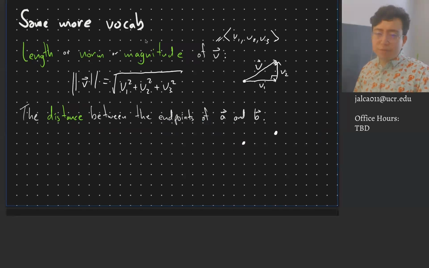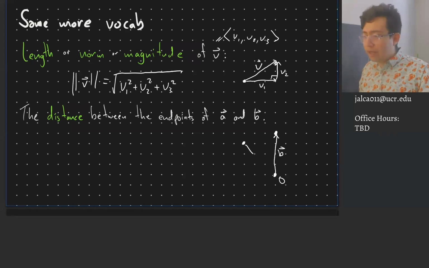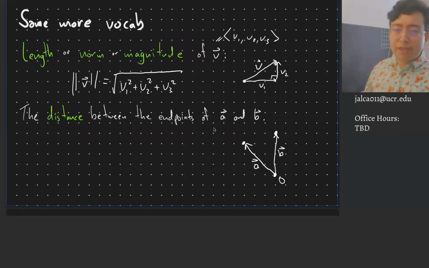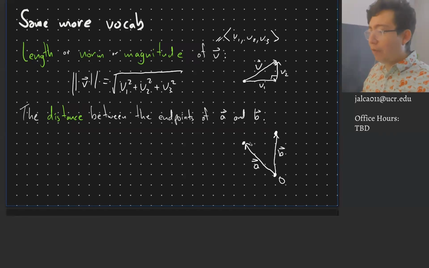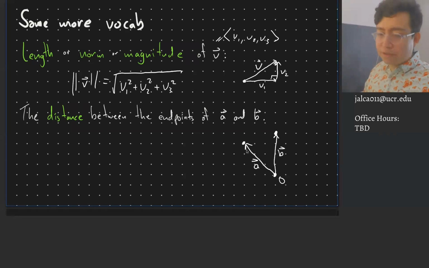If I want to draw the distance between 2 points, I say, okay, where's the origin? Let me think of these 2 points as vectors. So this is maybe B, and this here is A.